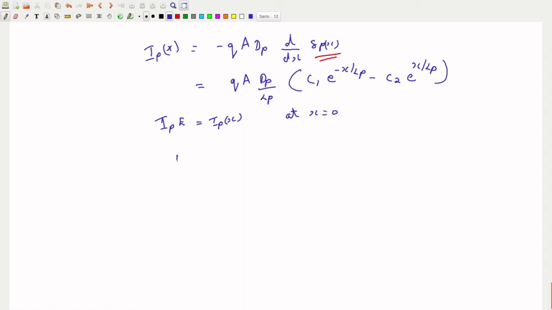So we can write it as IP of E is equal to QA, A should be in the top, I'll just rub it off, QA DP by LP, C1 minus C2.